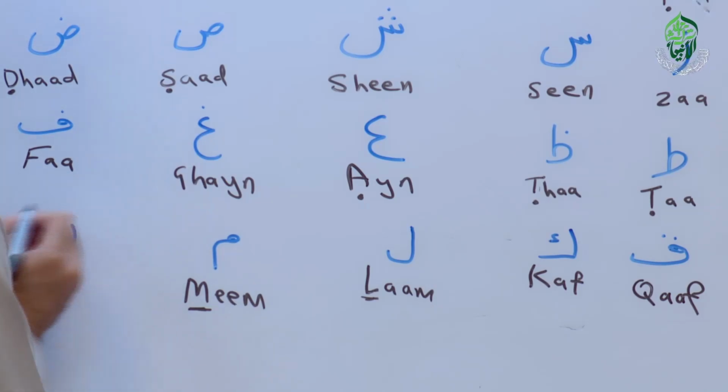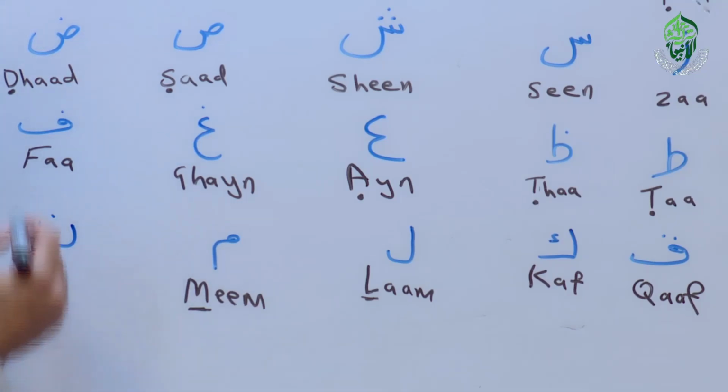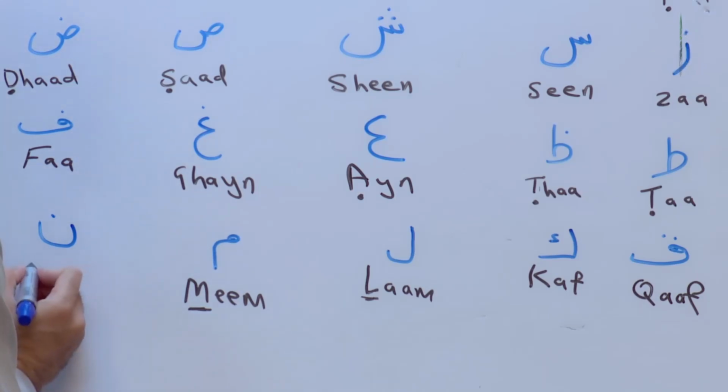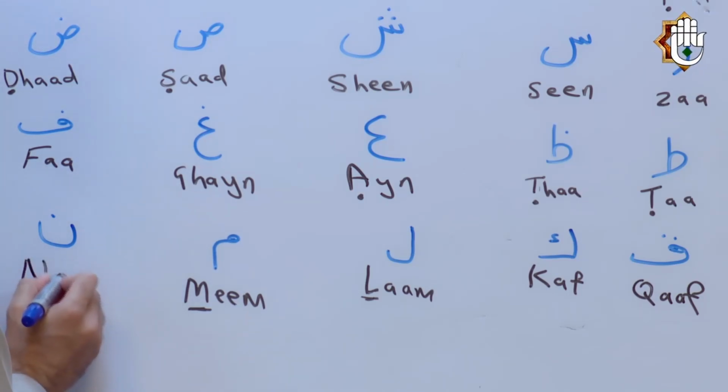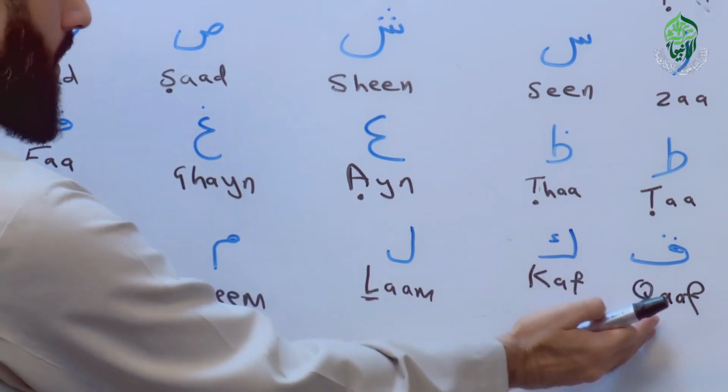It's got a little slant to it with a dot in the middle. Now, of course, you can already hear that this is equivalent to the N in our English alphabet. Noon. Qaf, kaf, lam, mim, noon.